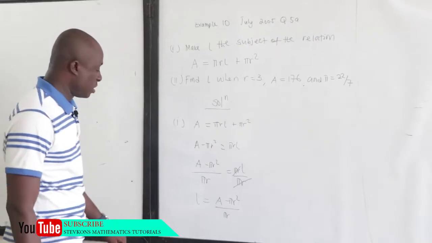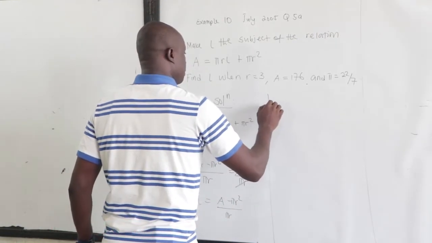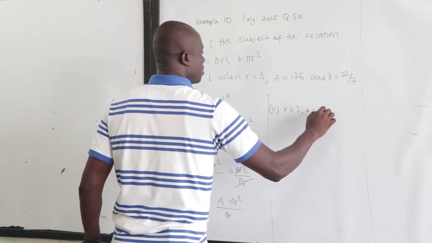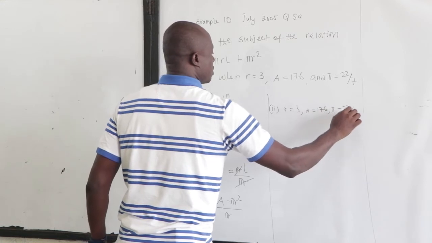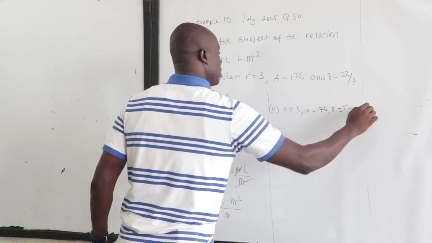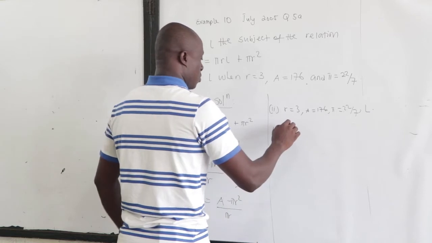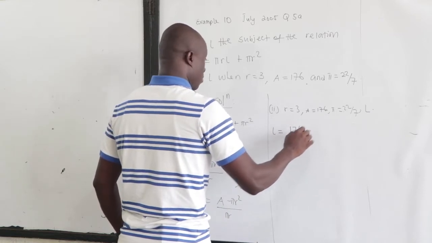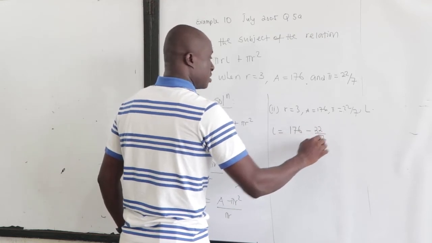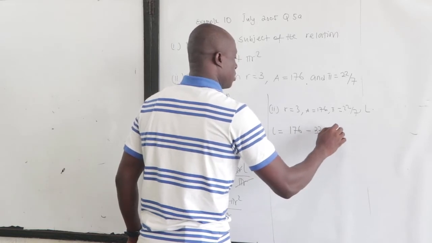The first one says we should make L the subject. Now, what is the second one saying? It is saying that r is 3, A is 176, pi is 22 over 7. Then we are being told to find L. So you have to do substitution. What is our A? 176 minus pi, that's 22 over 7, and then r squared, our r is 3, so you can say 3 squared.